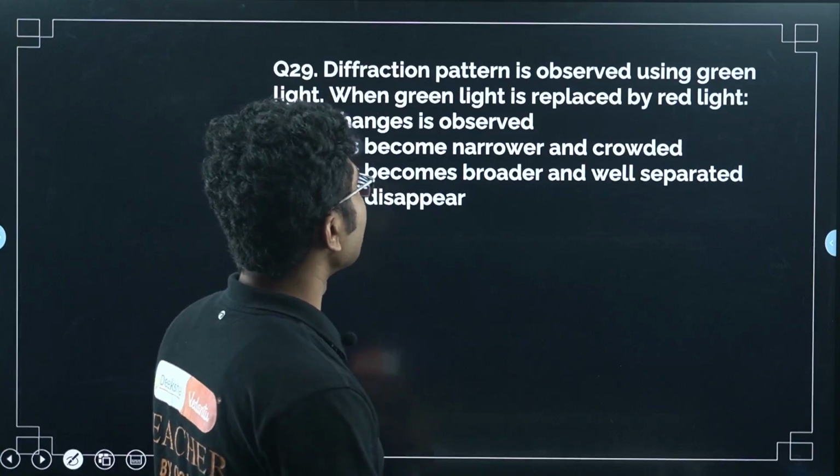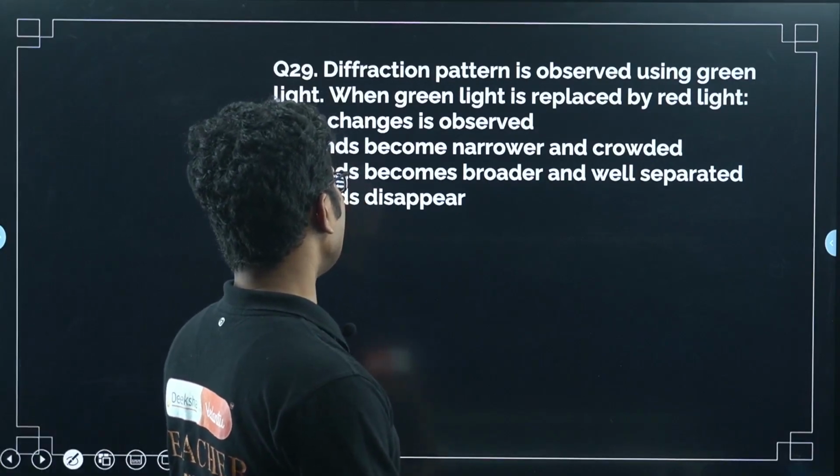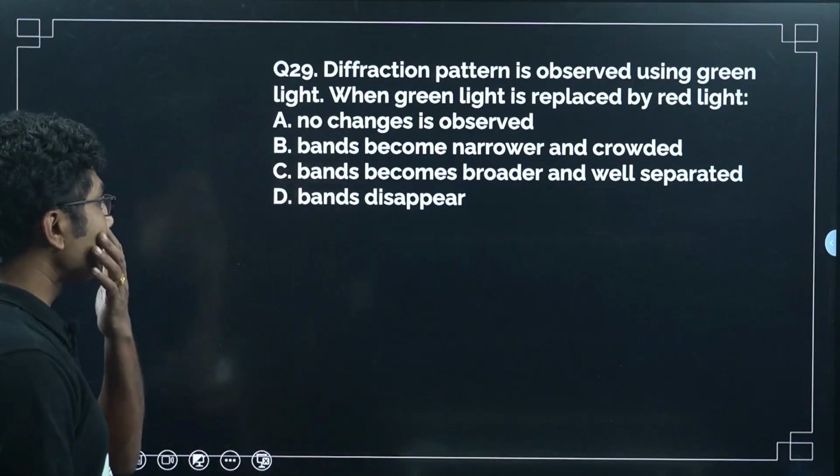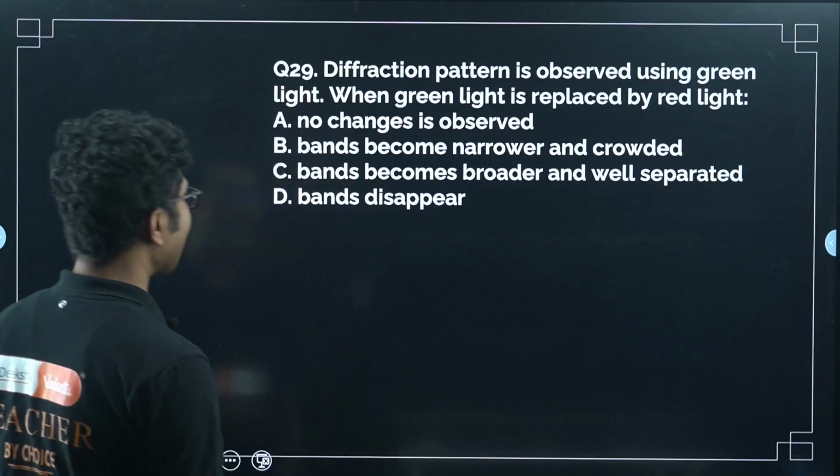Diffraction pattern is observed using green light. When green light is replaced by red light: no change is observed; the bands become narrower and crowded; bands become broader and well separated; bands disappear.